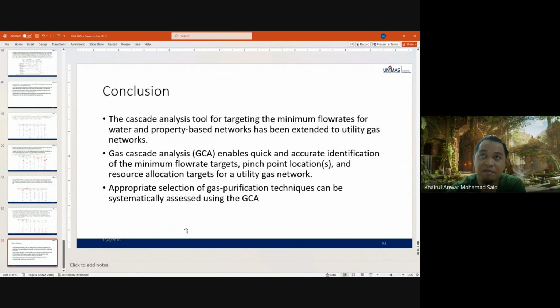If you just choose the membrane because it's cheap, you do nothing for the multiple pinch, because its concentration is still below the pinch. So you need to target something above the pinch concentration, which in this case has only one option, PSA, which could be much more expensive.